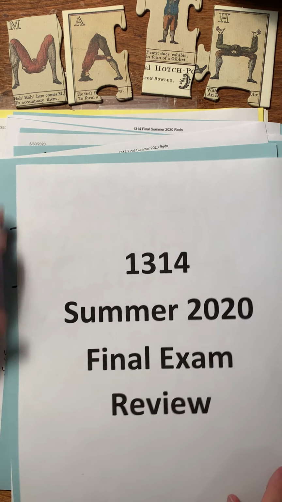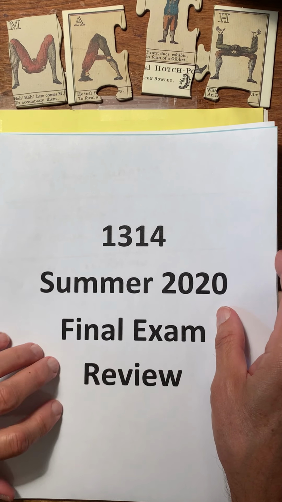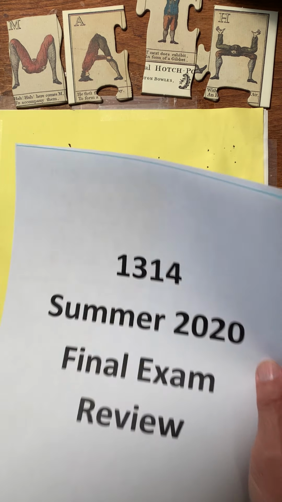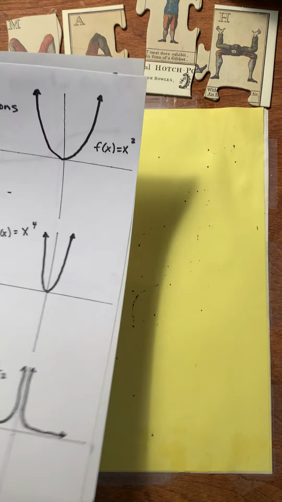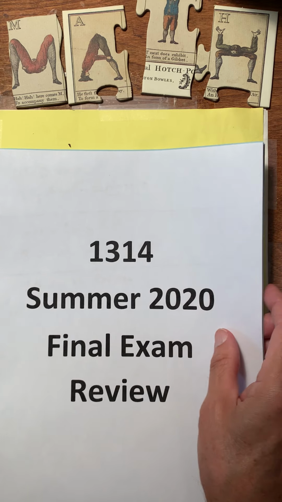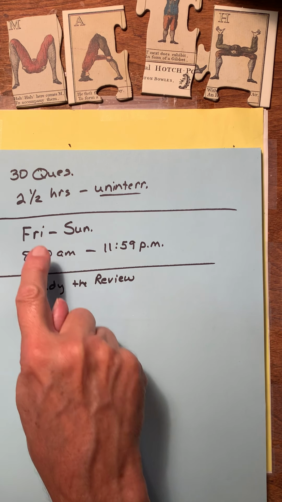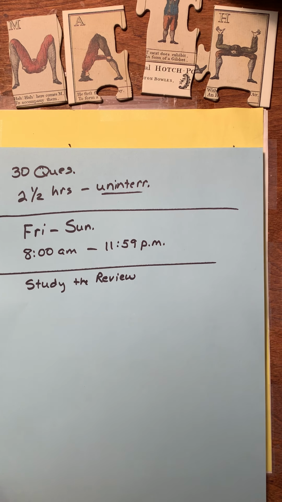So you're going to need to have your calculator, printed out content of your final exam review and your sheets here handy. All right, and you have, again, 2.5 hours, anytime from Friday 8 in the morning to Sunday at midnight, July 3rd through the 5th. Good luck.